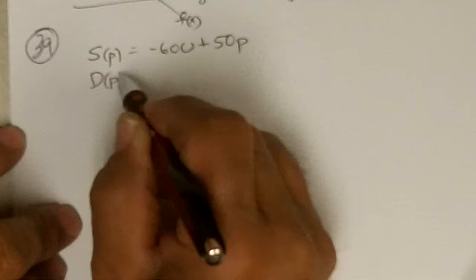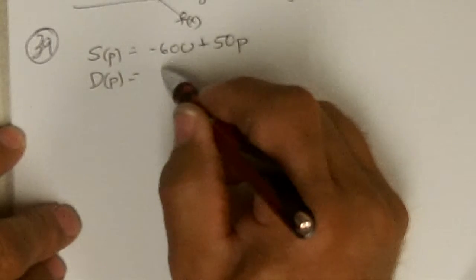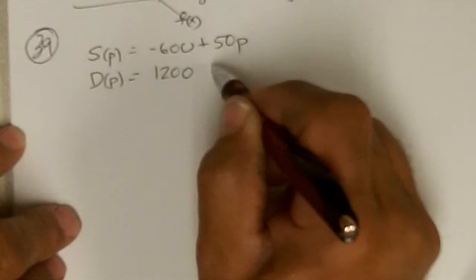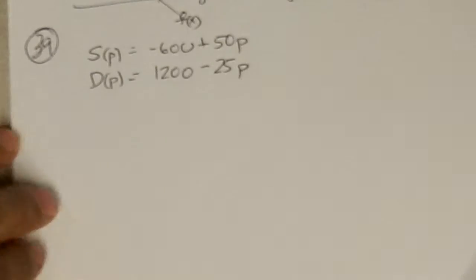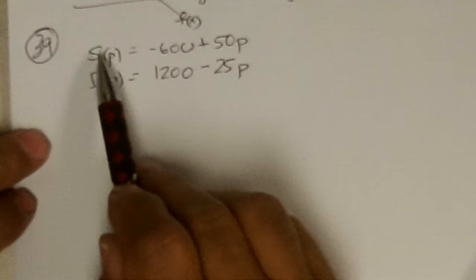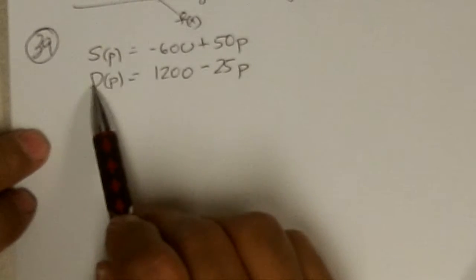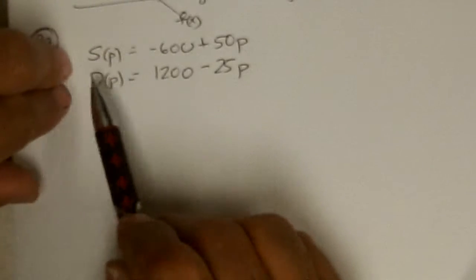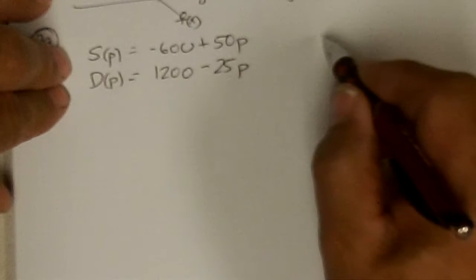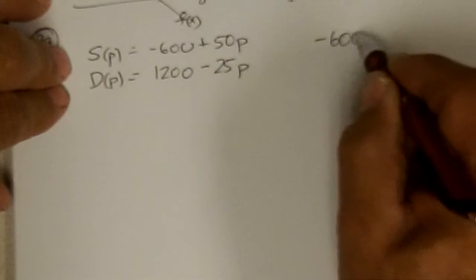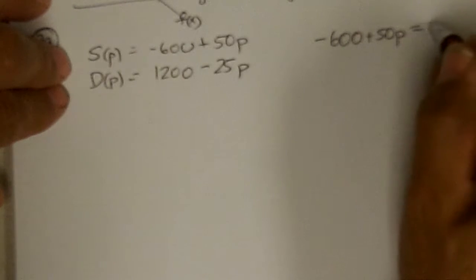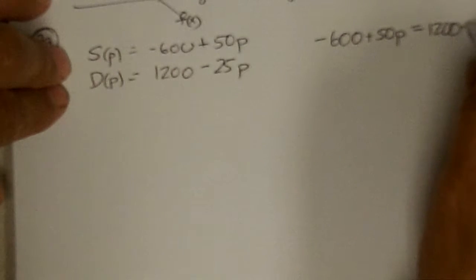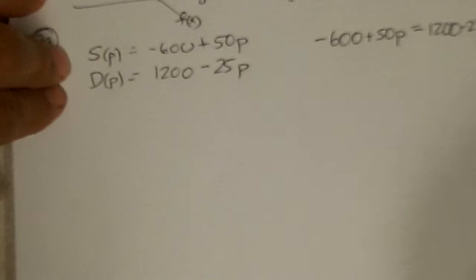Demand, depending on price, is 1200 minus 25p. And so we want to know what price creates a supply and a demand that are equal. And so we set these equal. Negative 600 plus 50p equals 1200 minus 25p.